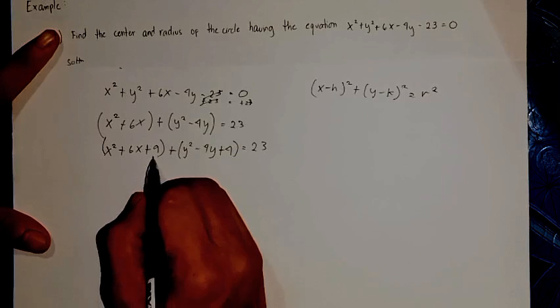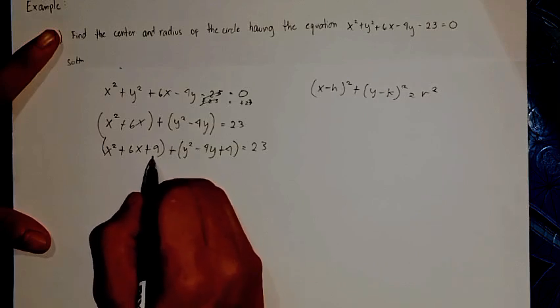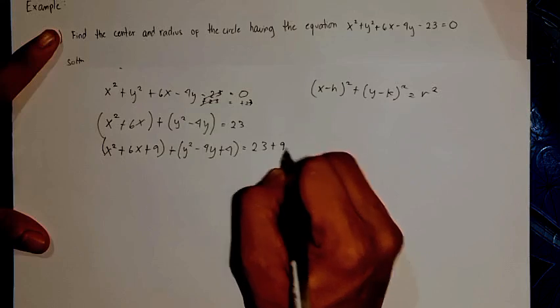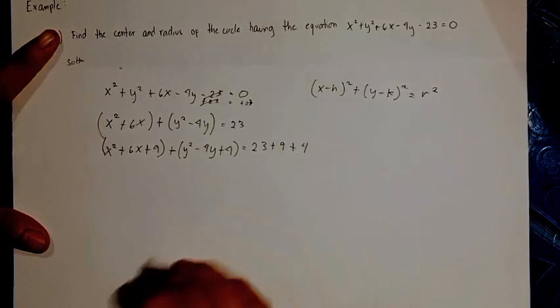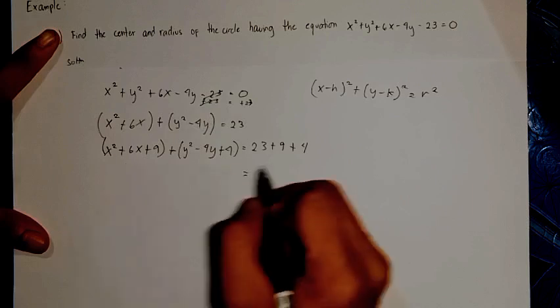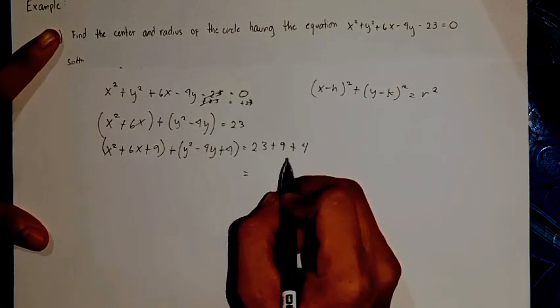Since we add positive 9 and positive 4 on this side, we also need to add positive 9 and positive 4 on the other side. Now, simplify: 23 plus 9 plus 4 is equal to 36.